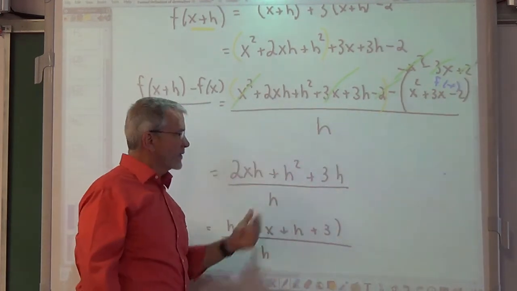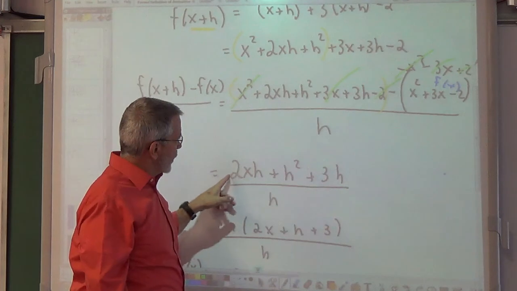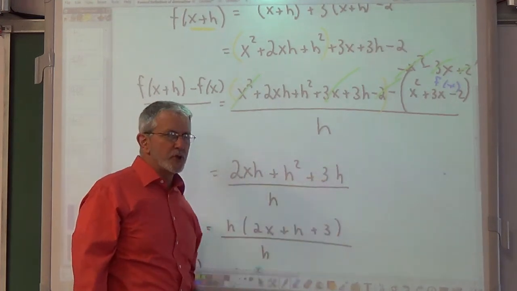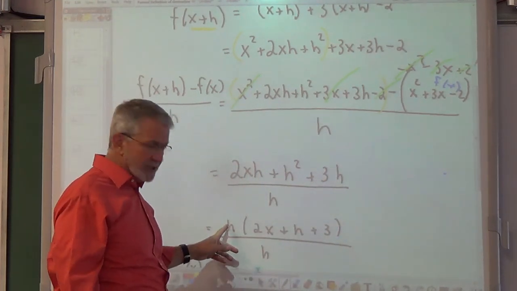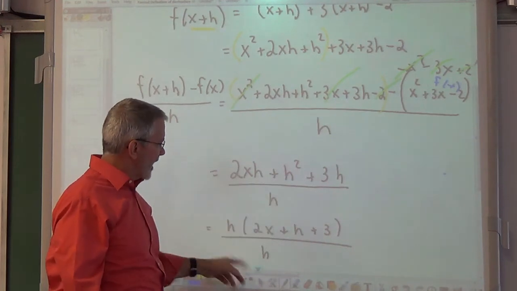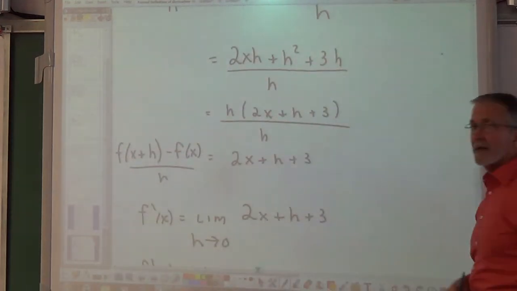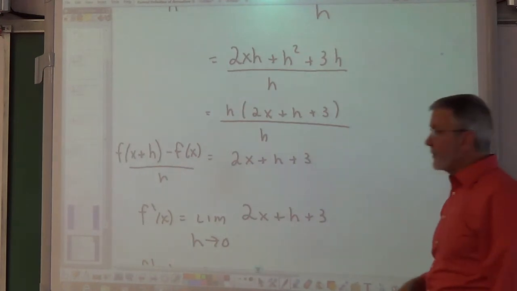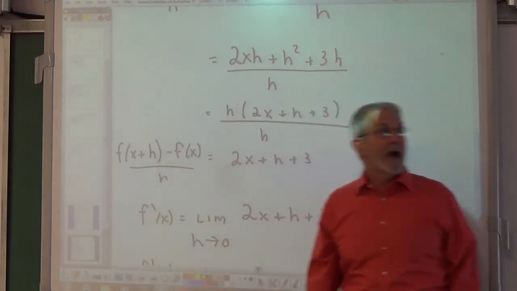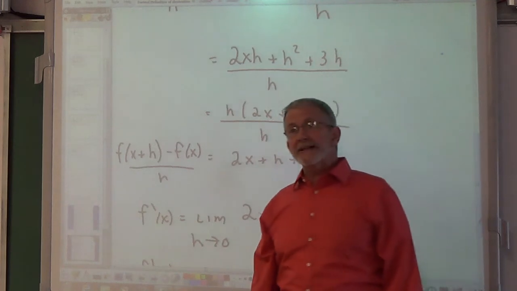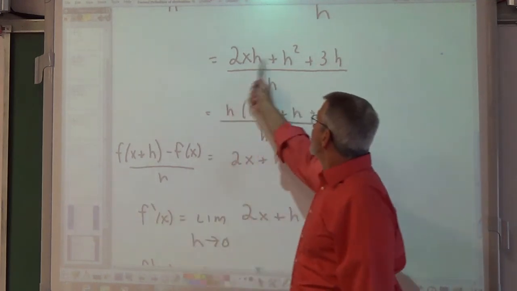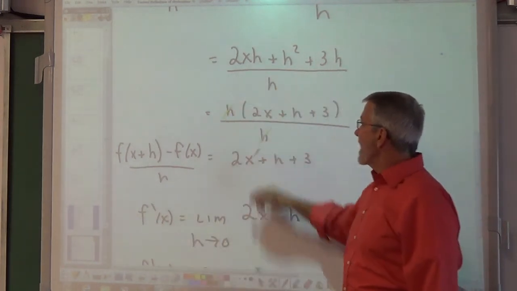So this is the difference quotient. And what do I notice about all the terms in the numerator? All the terms have an h. Factor the h out, so you can cancel the h on the bottom. Happens every time. Not magic, but math. Factor the h out, cancel the h.